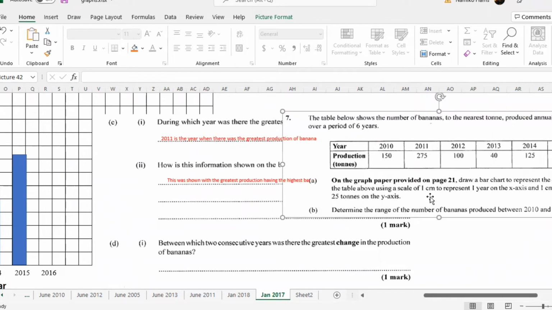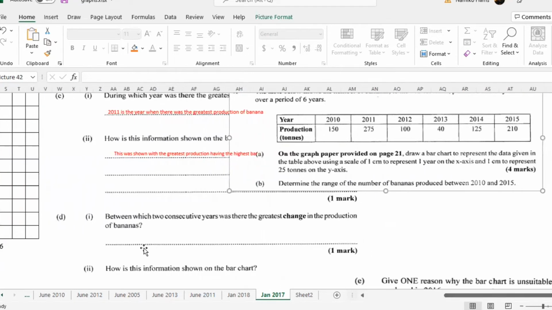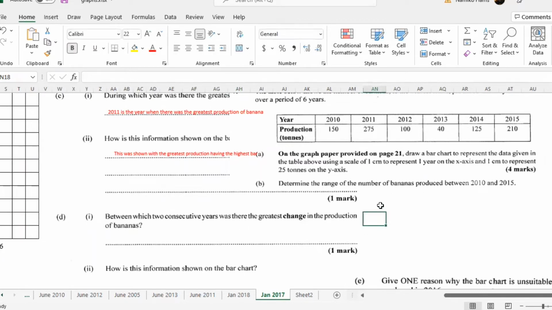Part D1, which 2 consecutive years was there the greatest change in the production of bananas? Now what I want you to realize, it did not say the greatest increase or the greatest decrease in the production of bananas. It spoke to the greatest change in the production of bananas. So whether that greatest change came from an increase in production or a decrease in production.